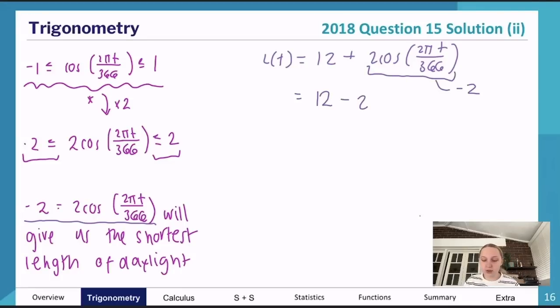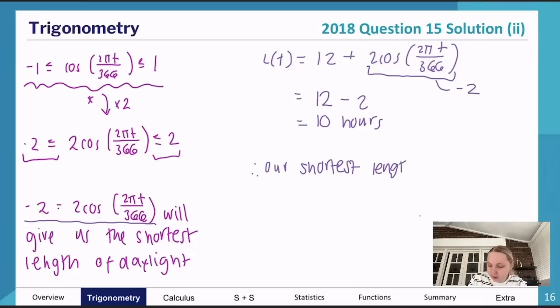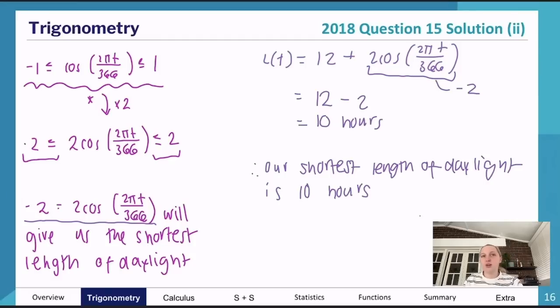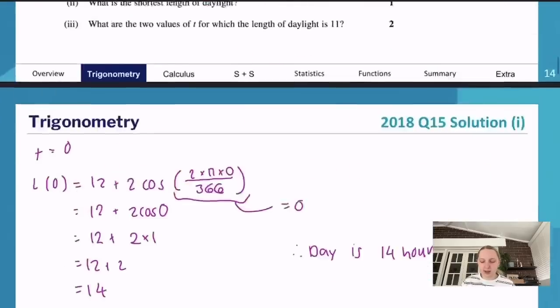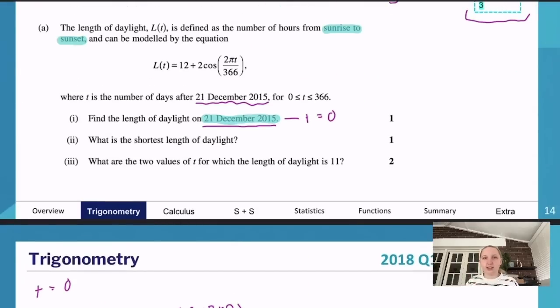So we're going to get 12 equals, oh sorry, 12 minus 2, which is then equal to 10 hours. So we say, therefore, our shortest length of daylight is 10 hours.